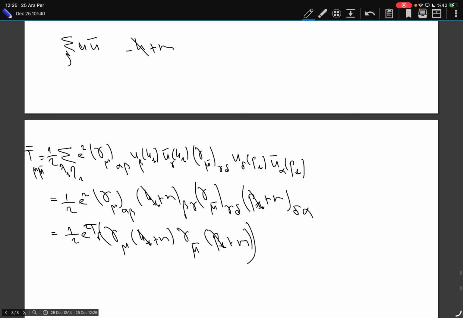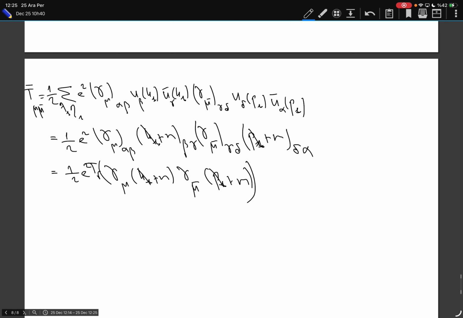Now I need to evaluate that trace. Now, the trace of γ^μ1 ... γ^μ(2n+1). This is an odd number of gamma matrices. This is the trace of γ^μ1 ... γ^μ(2n+1) γ5 γ5.